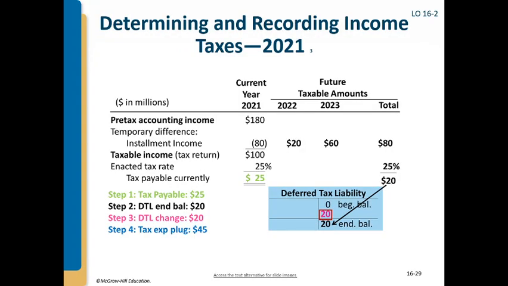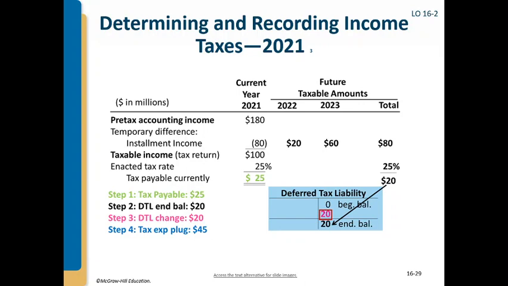So again, for taxable purposes, your taxable income is 100 million in 2021 multiplied by 25%. So you have a tax payable of 25 million. Your deferred tax liability ending balance needs to be 80 times the 25%, or 20 million.